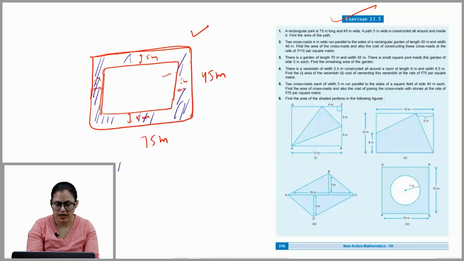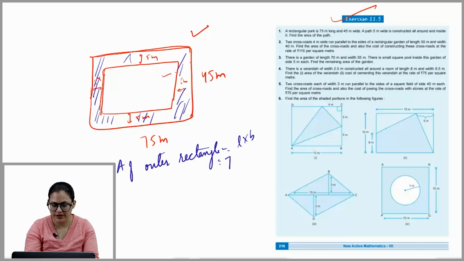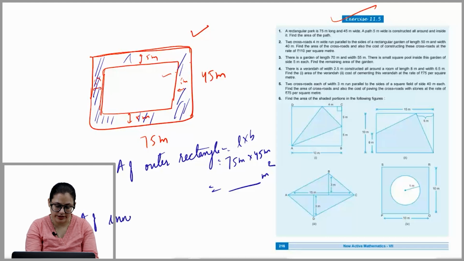So first, area of outer rectangle is what? Length into breadth, that is 75 meter into 45 meter. Answer will be meter square. And area of inner rectangle is what?